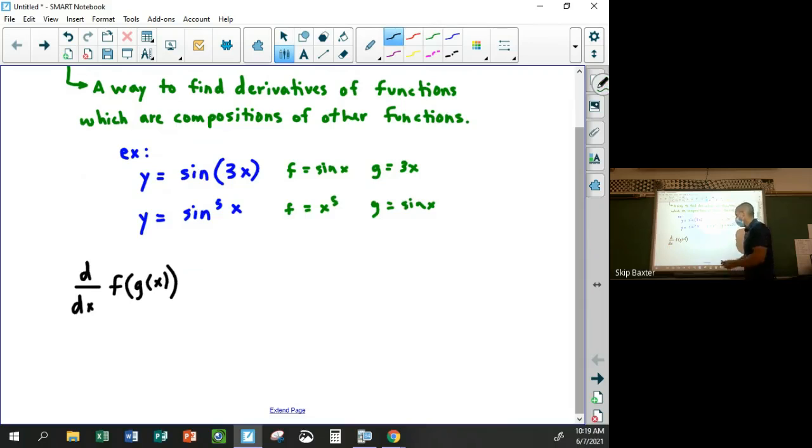So if you have something of this form, f of g of x, its derivative is f prime of g of x times g prime of x.